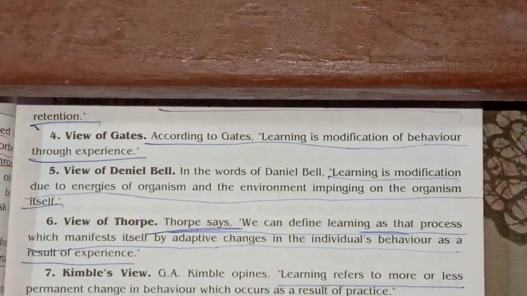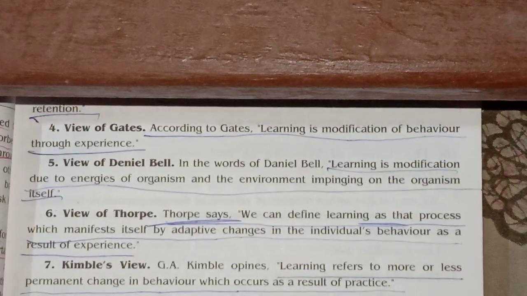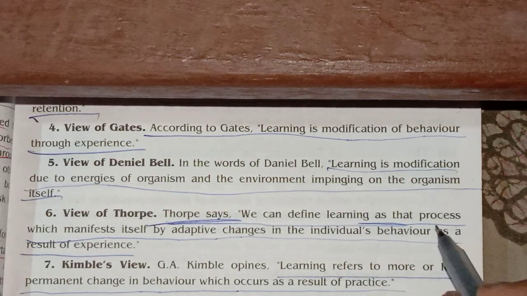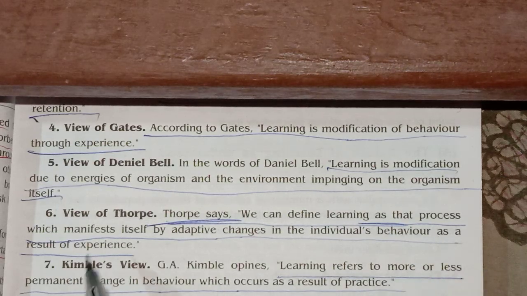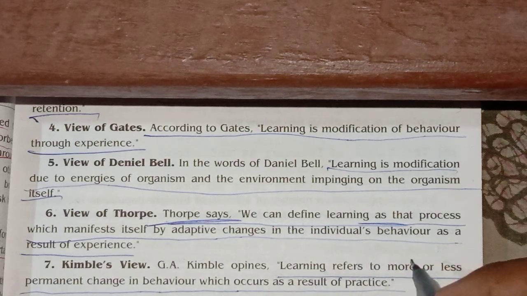Sixth, view of Thorpe. Thorpe said that we can define learning as that process which manifests itself by adapting changes in the individual's behavior as a result of experience.